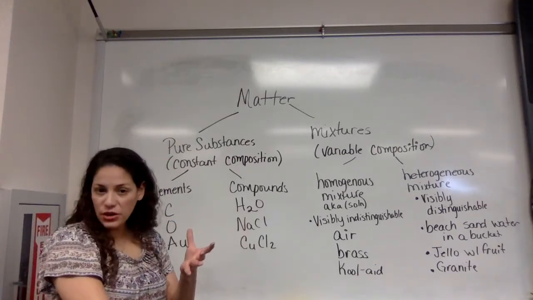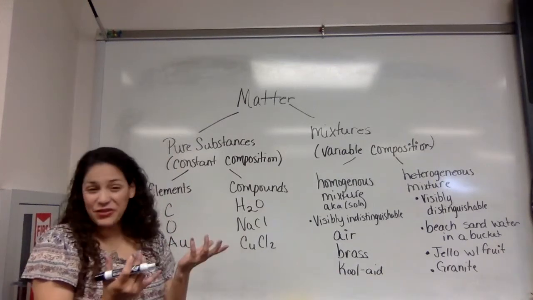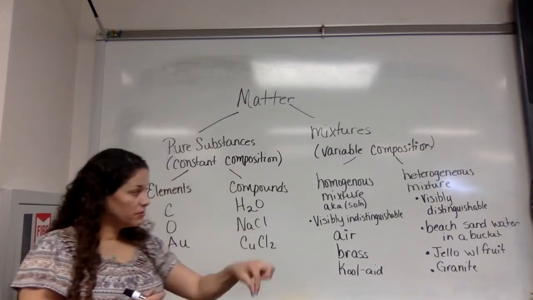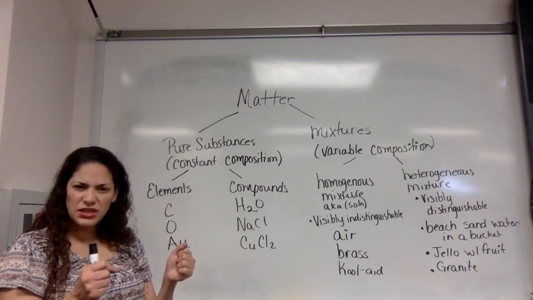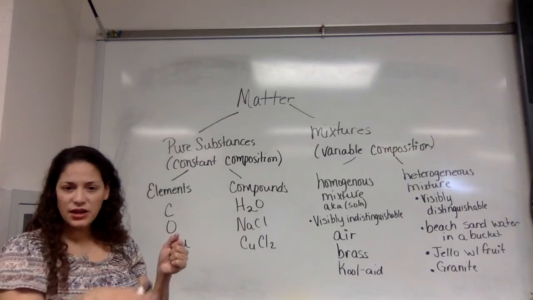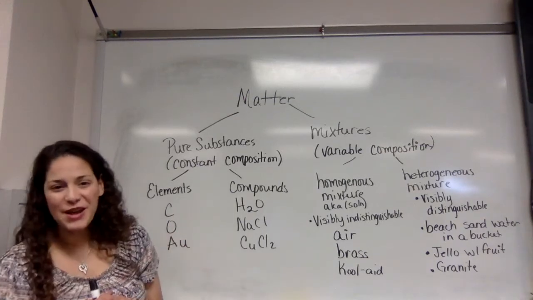All the salt water is going to go down into the bucket, but up on top, I'm going to have my sand, my seashells, and hopefully my crab. You never know. And then I can physically use fingers to pick out stuff. I could also use one of those little sifters and just sift through, and all the fine grained sands are going to come down, which will leave me my seashells and hopefully my crab.